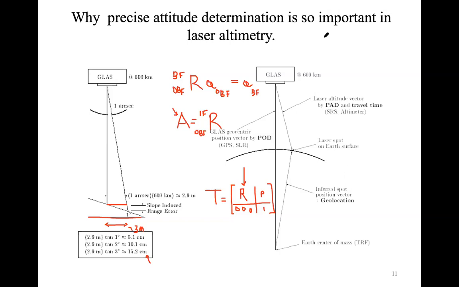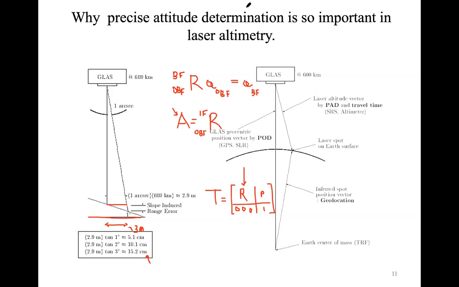When you design an instrument that has an accuracy of about, for example, 10 or 20 centimeters, you have to be sure that your attitude is not going to give you errors that are larger than the accuracy of the instrument itself.